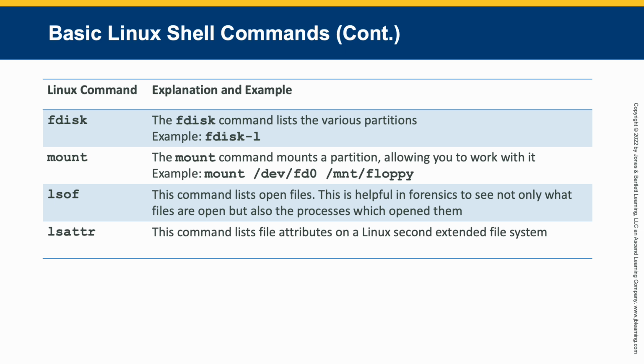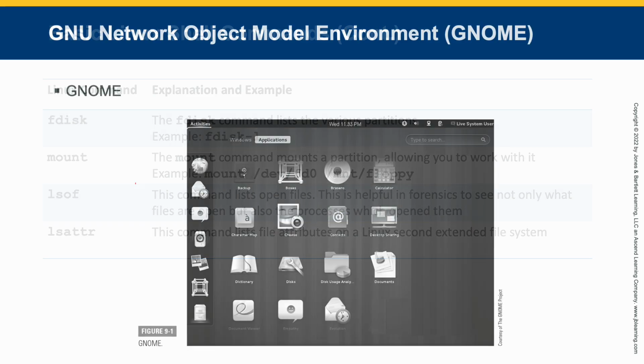The mount command mounts a partition, permitting you to work with it, for example. lsof, the command lists open files. This is helpful in forensics to see not only what files are open, but also the processes which opened them. lsattr, the command lists file attributes on the Linux second extended file system.